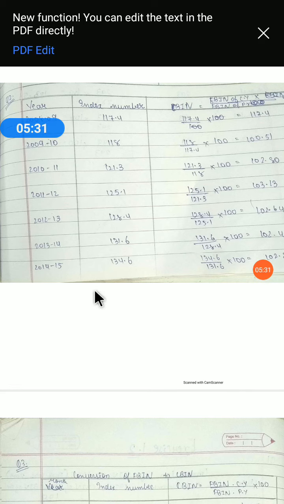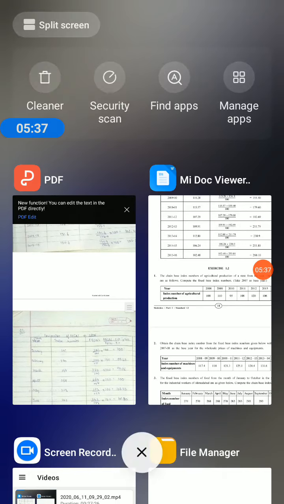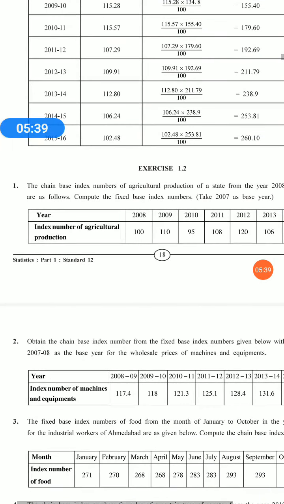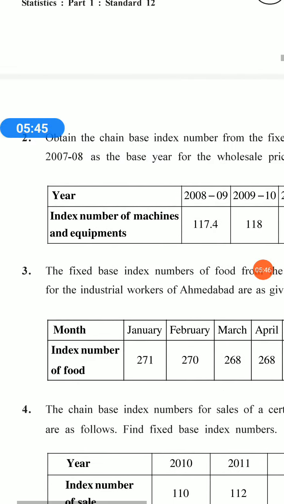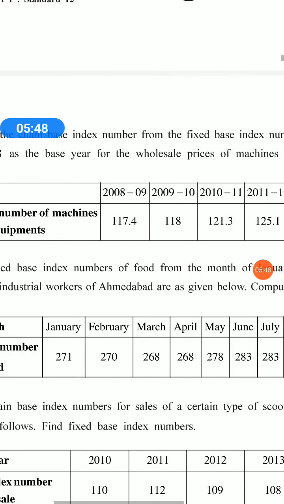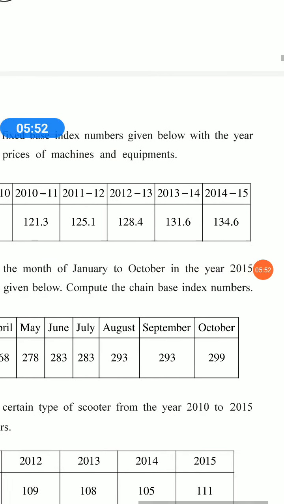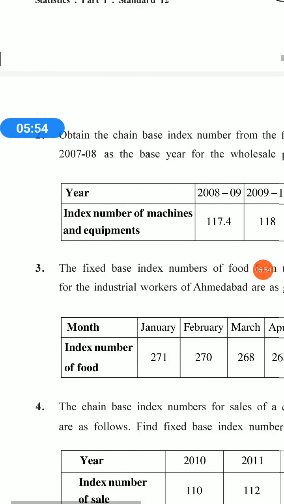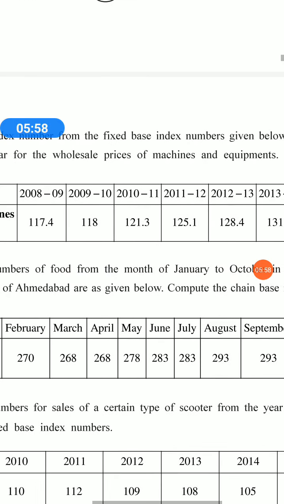Question number 3 is the same, conversion of fixed base index number into the chain base index number. Let's see the question. Here the question is: the fixed base index numbers of food from the month of January to October in the year 2015 for the industrial workers of Ahmedabad are as given below.